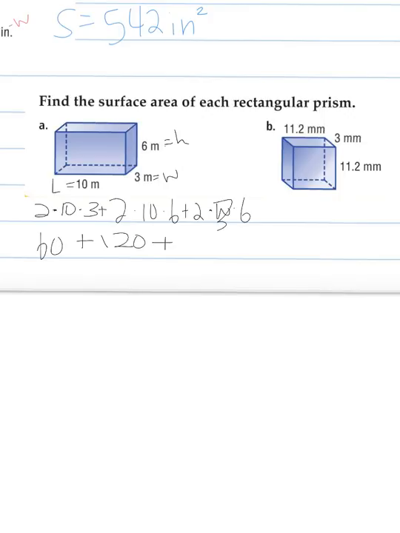Oops, I forgot to plug in 3 for my width here. 2 times 3 times 6 is 36. 60 plus 120, add each of the areas up, and our surface area is 216 meters squared.